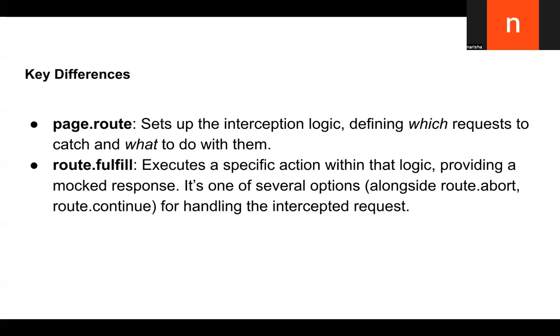Fulfill is a method that performs all of the actions on that particular call: whether to continue making a call to the server by making some updates to the request, or abort and see how the browser behaves, or mock the response without making an actual request to the server. So these three things we can achieve with the help of route and fulfill.